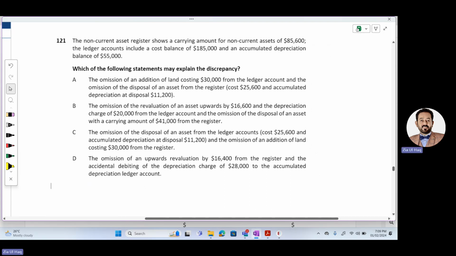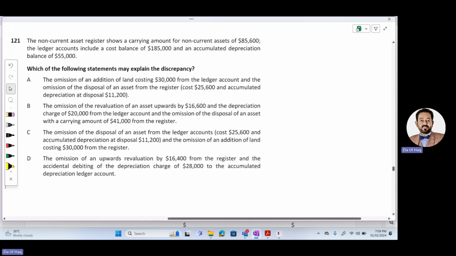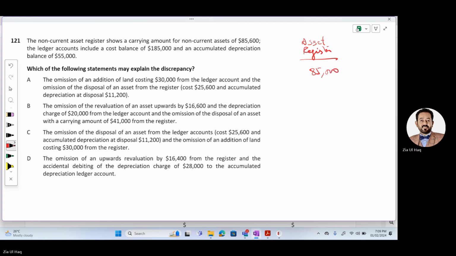The non-current asset register shows a carrying amount of non-current assets of 85,600. This means the company maintains an asset register as well as cost account balances. So the asset register is showing a balance of 85,600.